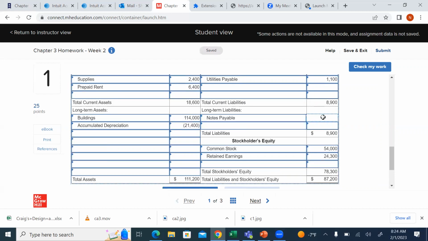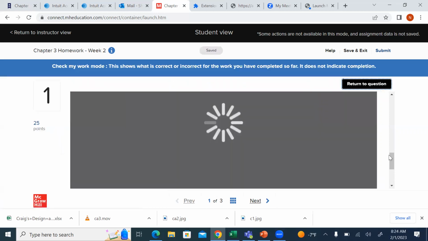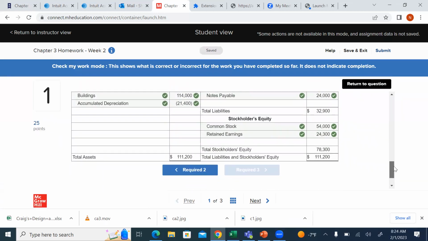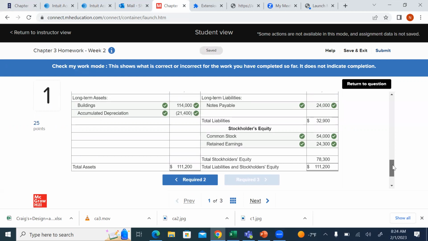Okay? Do we balance? Do our total assets equal our total liabilities plus our stockholders' equity? They do, guys. Does that make sense? Okay.